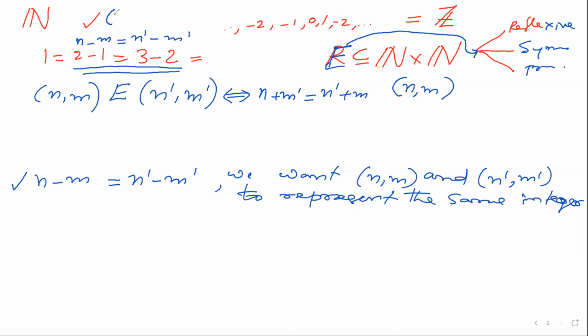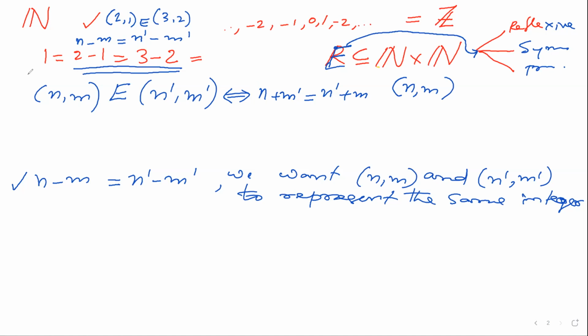So (n, m) is related to (3, 2). Follow? (2, 1) and (3, 2), as far as this equivalence relation is concerned, are the same.